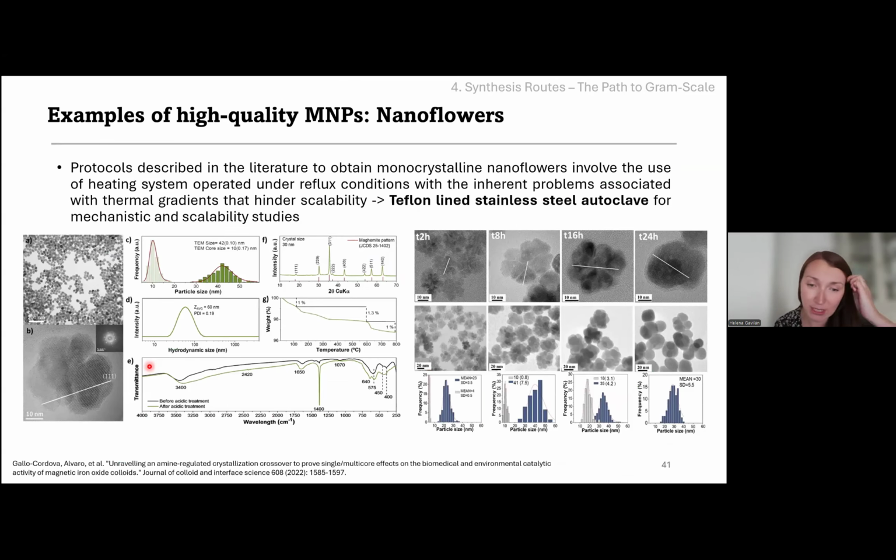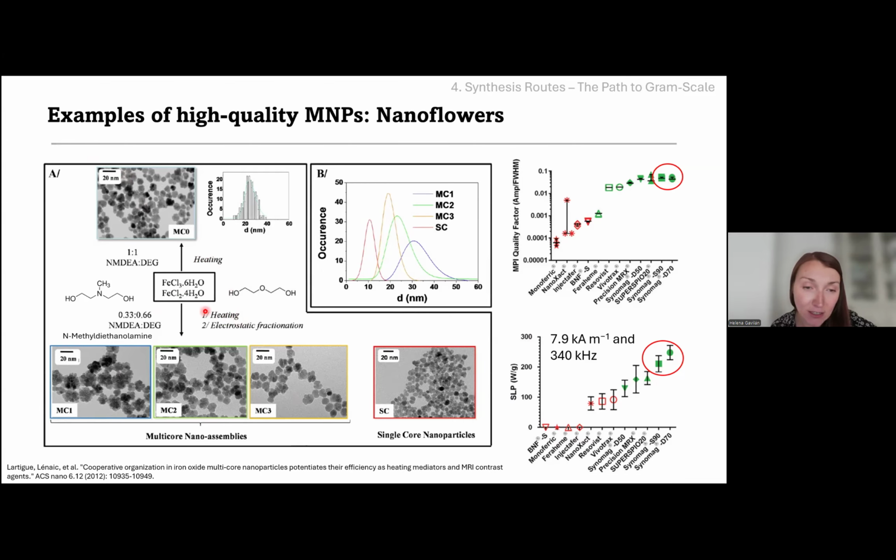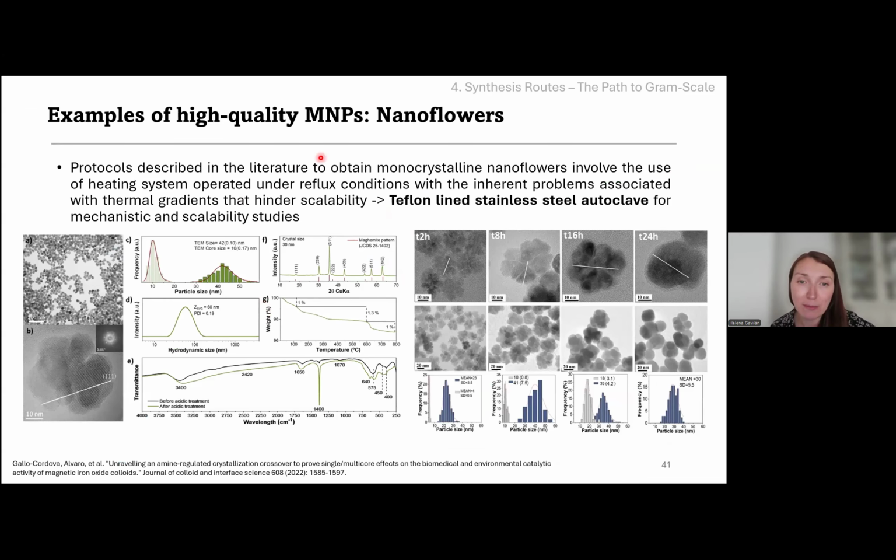And also it was found that this protocol that normally takes place under reflux for very long periods of time could be optimized by using Teflon-lined stainless steel autoclaves, just like I showed for the solvothermal route for the nanocubes. And this is very advisable when scaling up a technology because you solve problems related to reflux conditions and differences in temperature.